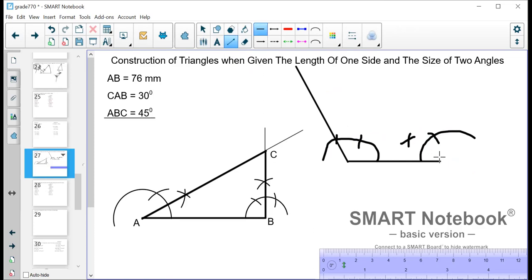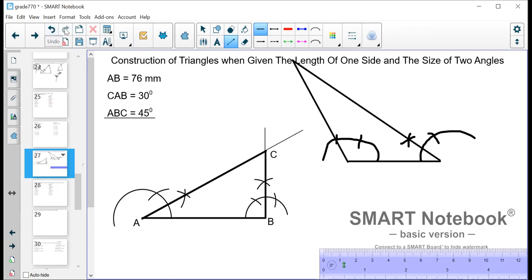That will give us a line coming through there to meet the other arm of the angle somewhere about there. Of course, if it goes above, then you have to go back and extend this line to meet. That's why I said for the first one, you draw the line a little bit long, because you don't know where the other one would meet at the point. Just to be on the safe side. Good. So this here is an obtuse angle triangle, as you may know. This is an example of how this one is done.